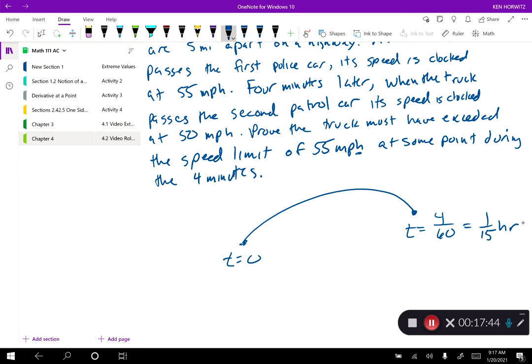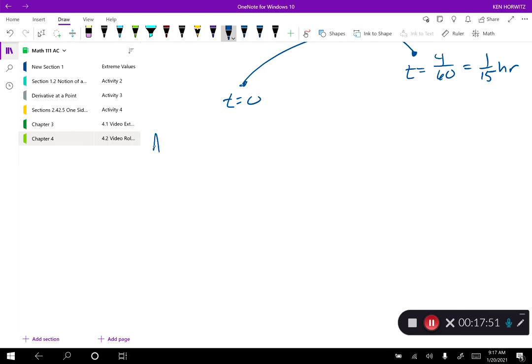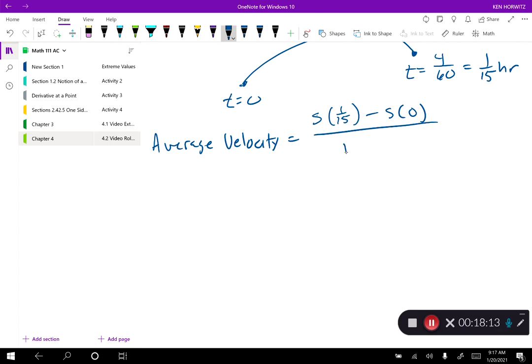All right, so if we were to get average velocity, remember average velocity is slope. So our average velocity is, I'm going to do my function at f of b minus f of a over, excuse me.